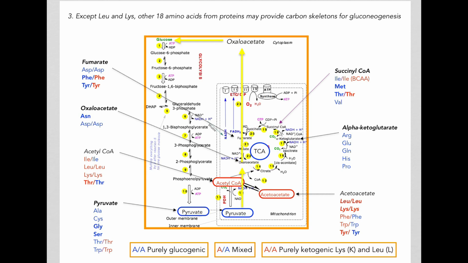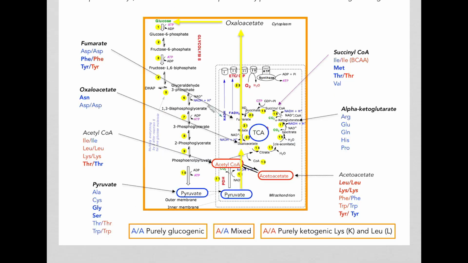Out of 20 amino acids that we find in proteins, 18 amino acids can provide carbon skeletons for gluconeogenesis. Two amino acids, leucine and lysine, when we break them down, we get either acetoacetate or acetyl-CoA.